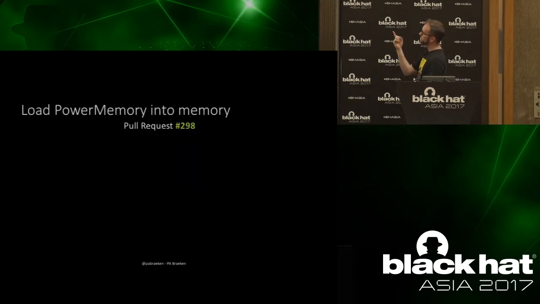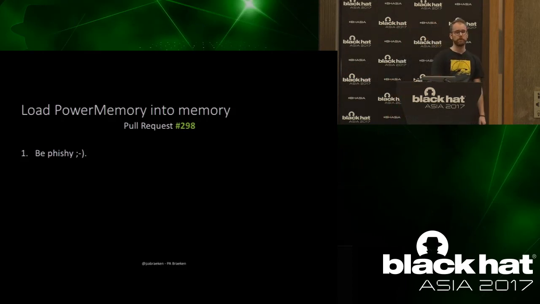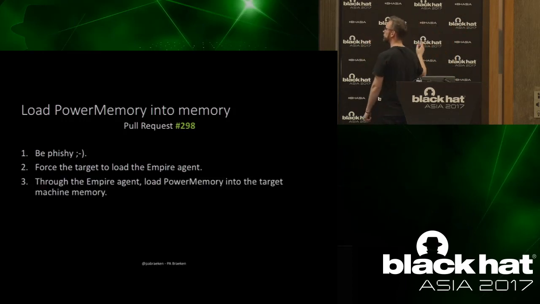So the pull request is 298, and to be able to do that, the first thing you have to do is, for example, be fishy and explain to the user you have to click on that thing, I don't know. Then the target loads the Empire agent, and through it, you load into the target machine memory, so it will run in memory.